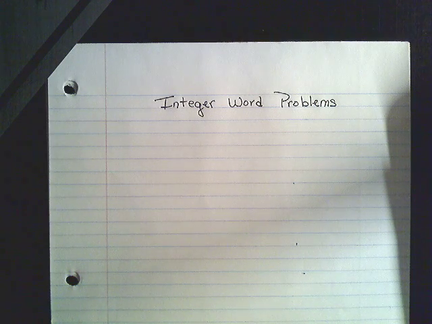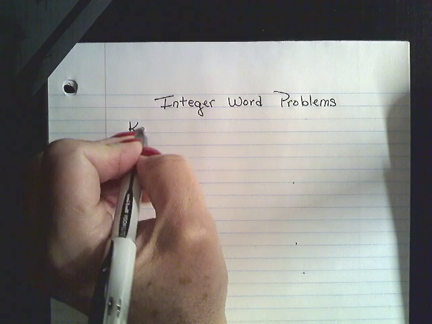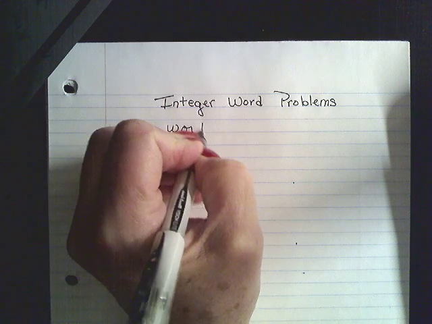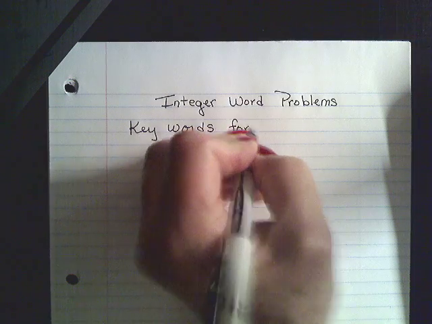Okay, we're going to work on some integer word problems, but before we get started on actually setting up and solving word problems, I want to go through some key words that are going to refer to both negative and positive numbers. So we're going to look at some key words for integer word problems.